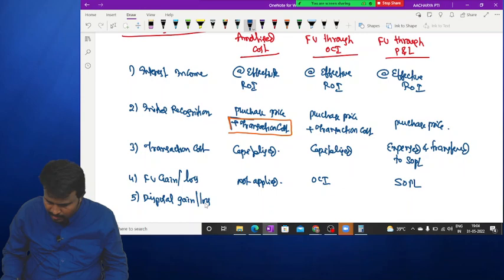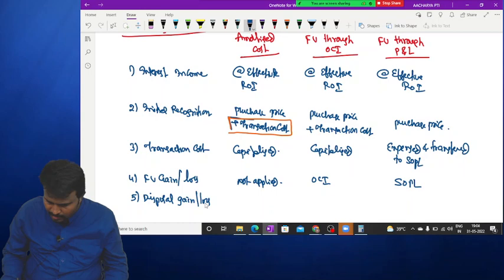And subsequent recognition in the balance sheet. In case of amortized cost, it is required to be recognized as per the table. So what is meant by table? I will explain.